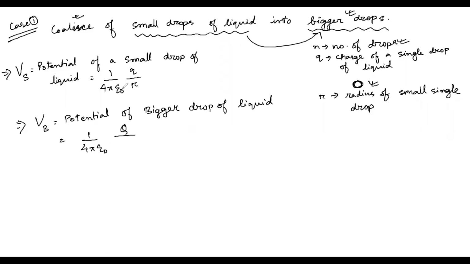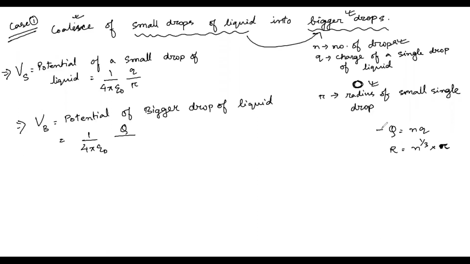Now in place of the small q, we will have capital Q, because we have already seen a few minutes back that the charge acquired by the bigger drop is n times the charge of the single drop, and that the radius of the bigger drop is n to the power 1 by 3 times the radius of the smaller drop.